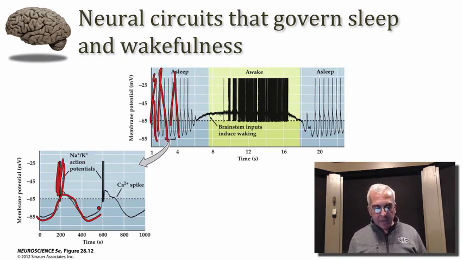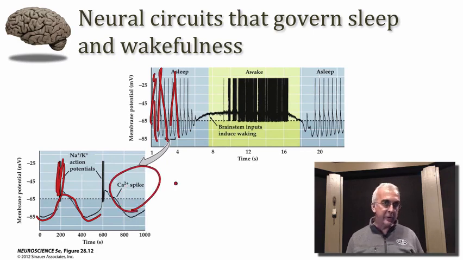The membrane potential is hyperpolarized, and that hyperpolarization triggers a slow depolarizing envelope that is attributable to the activation of a calcium ion channel. And so this depolarizing envelope is actually a calcium spike, although it's not particularly spiky because it has such a slow time course.